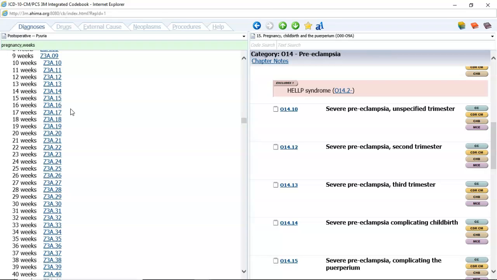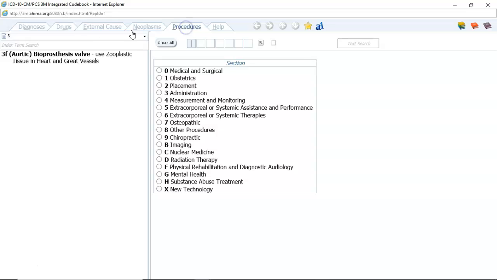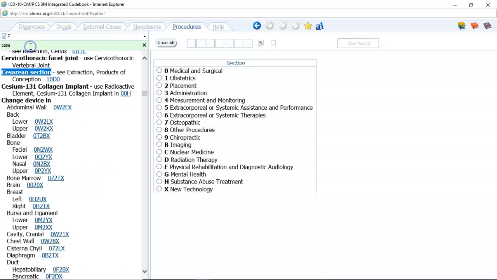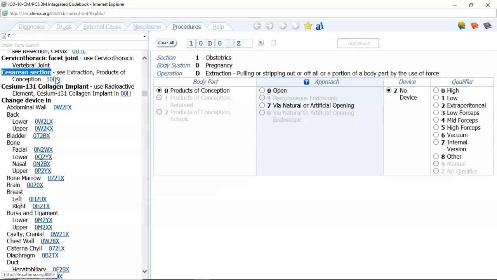And then she had a low transverse C-section. So in procedures, we can type in cesarean section. And you can see that the section it comes from is obstetrics, not surgery, because this is being performed on the products of conception.